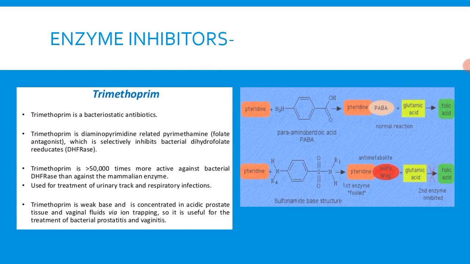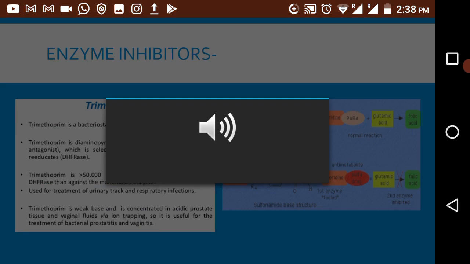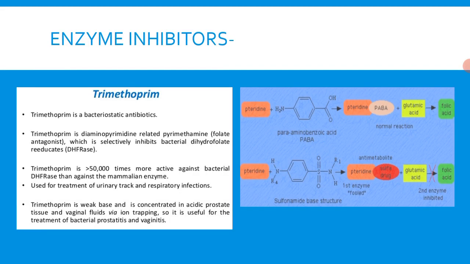So here is the structural analog of the trimethoprim, the red color one, and therefore you can see there is mentioned the fold. The first enzyme is fold, and then there will be the addition of the glutamic acid, and now these three will not be able to produce the folic acid. Why? Because now in this case the pteridine is not present, the trimethoprim is present.